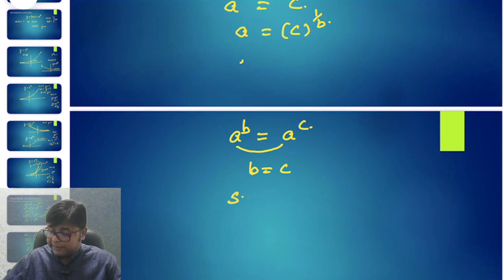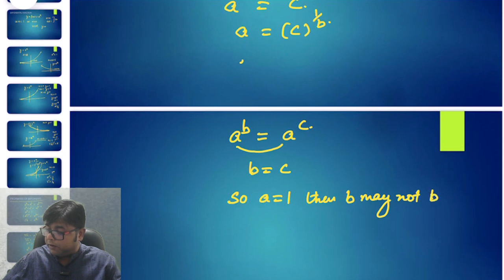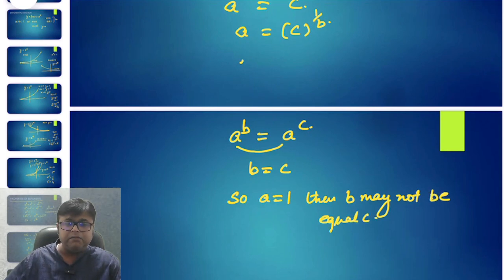The only exception is if a is 1. If a is 1, then b may not be equal to c. They can still be equal, like 1 to the power 7 equal to 1 to the power 7, but even if they are not equal, 1 to the power 6 is equal to 1 to the power 7. 1 to the power anything will be 1 itself. So considering that, this can be tackled very easily.